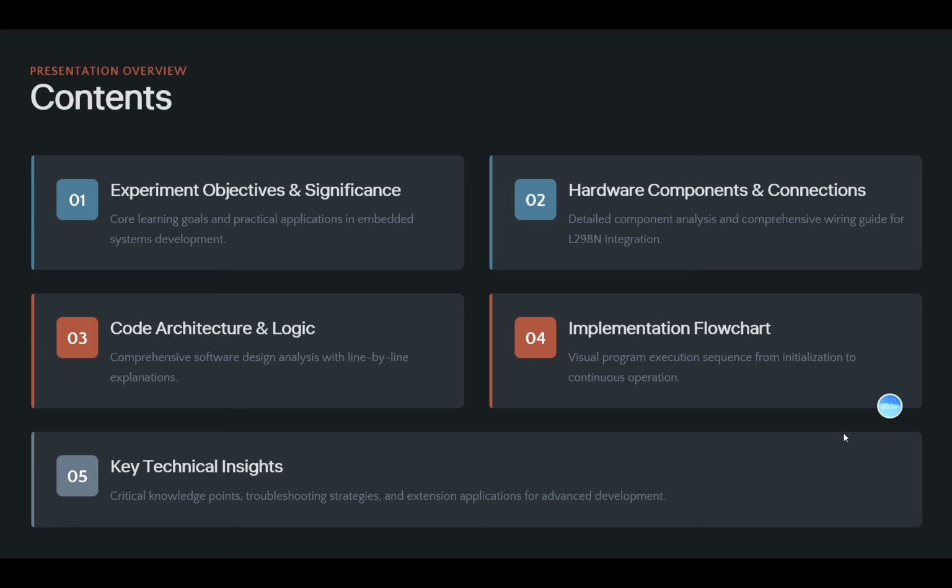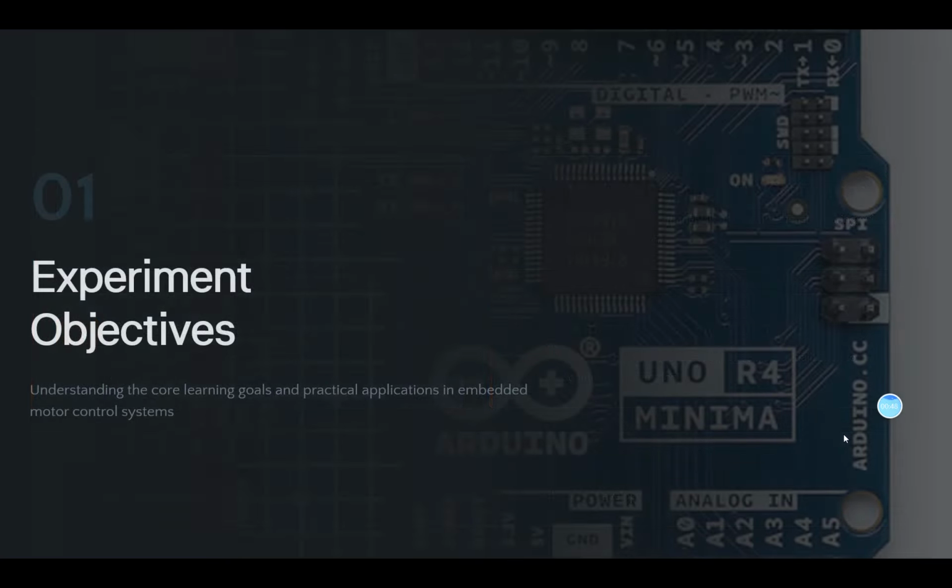The second one is hardware component and connection. Then the code architecture and logic. Then implementation flowchart. The last one is key technological insights. Okay, so let's see the first part, experiment objective.